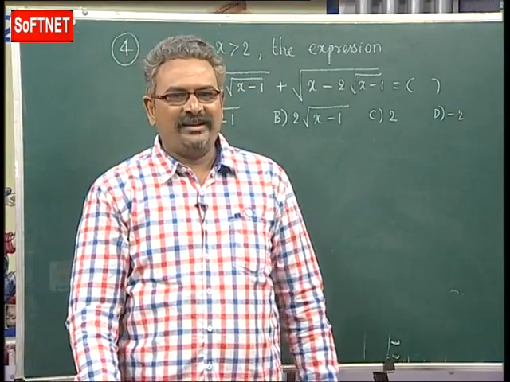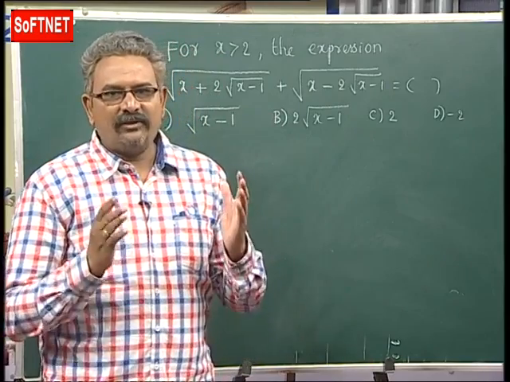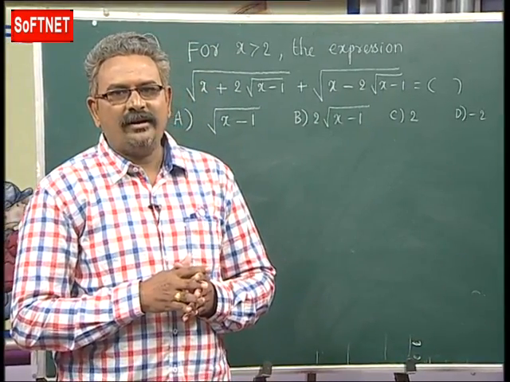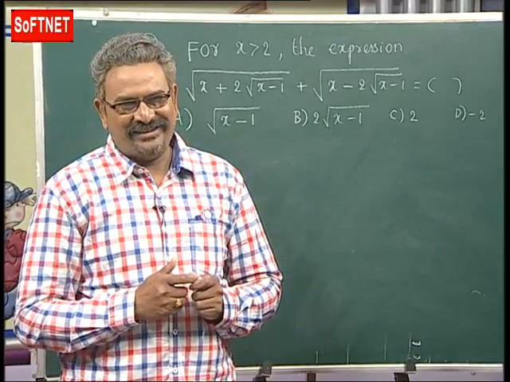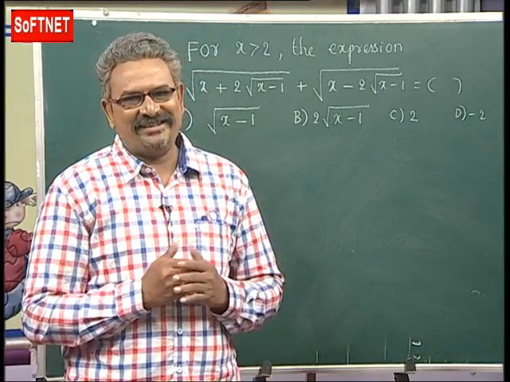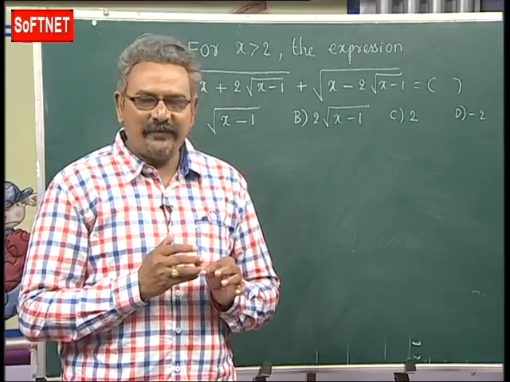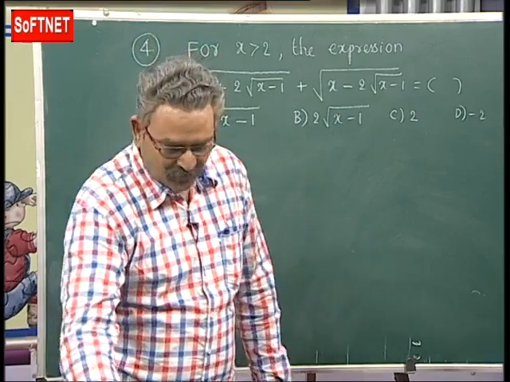So in order to solve this problem, we require some concept of the absolute value of a real number, which is mod x. Let us have a brief discussion of the concept of mod x, and after that we shall move to this problem.